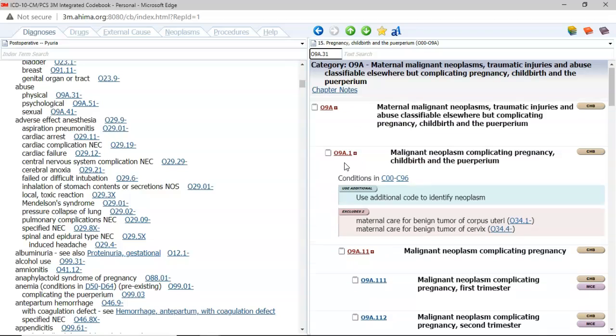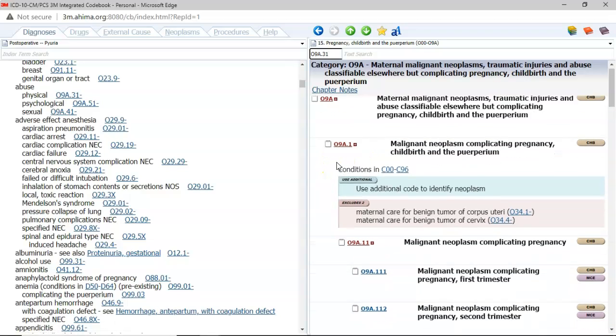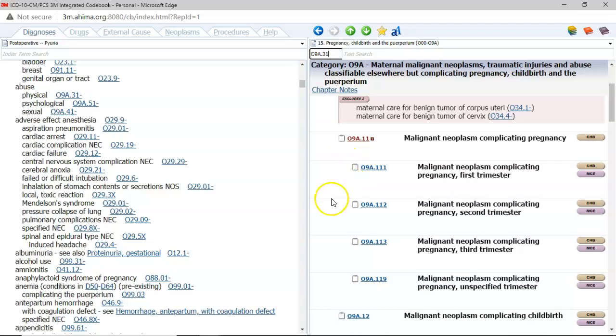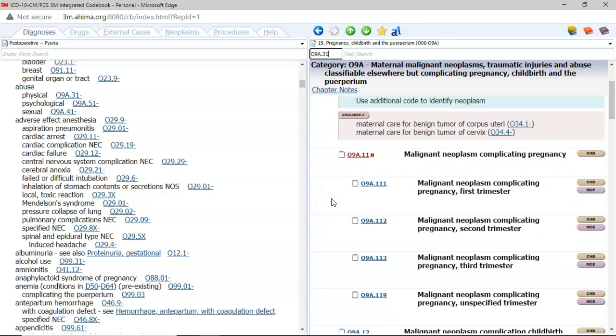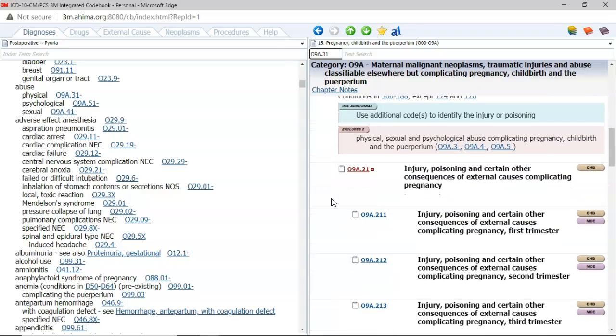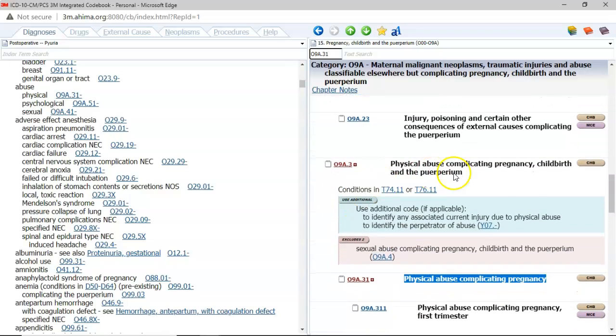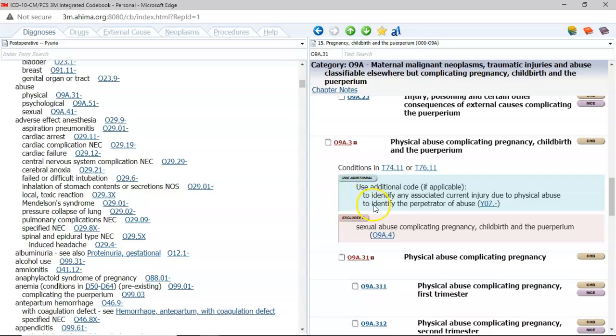For this particular category, we don't have any notes for the entire category, but when we get to abuse, O9A.3, that tells us to use an additional code for the current injury, if the patient has documented injuries, and then of course we use the perpetrator code, and then we have an excludes note too.